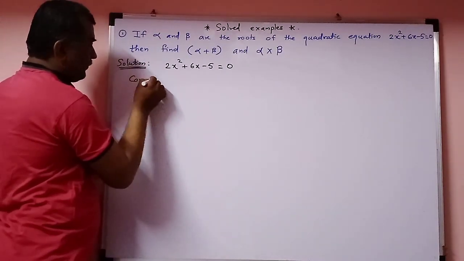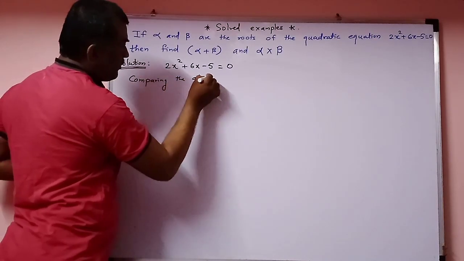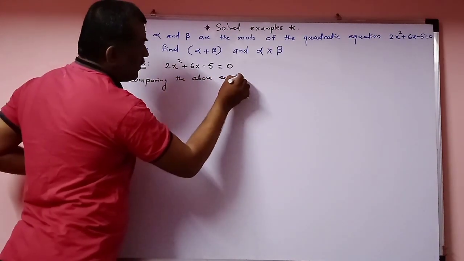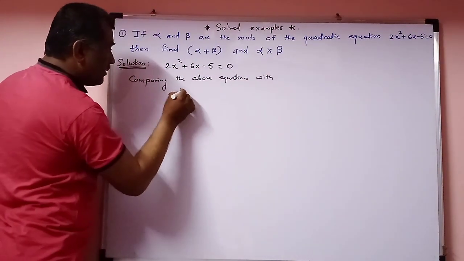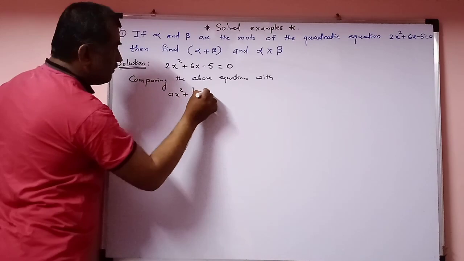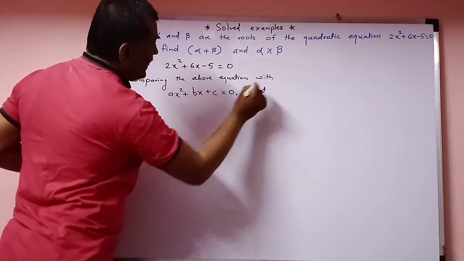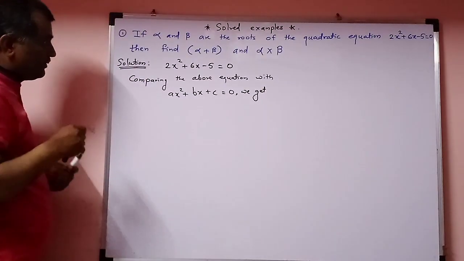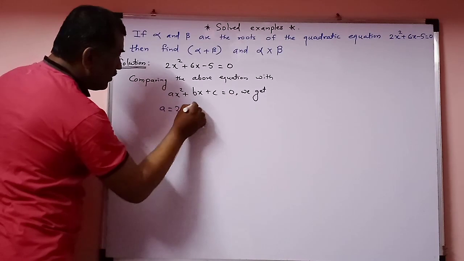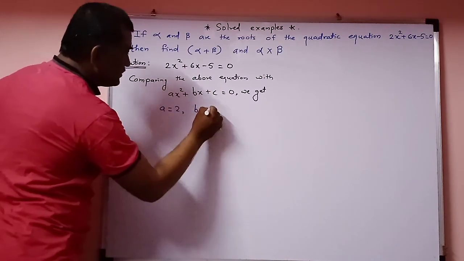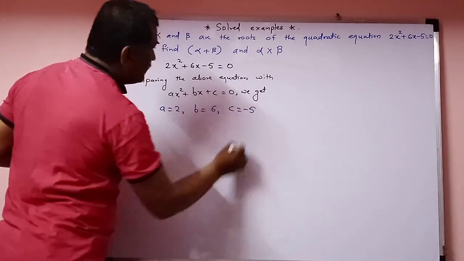Comparing the above equation with ax square plus bx plus c is equal to 0, we get, now see what values we get: a is equal to 2, b is equal to 6 and c is equal to minus 5.